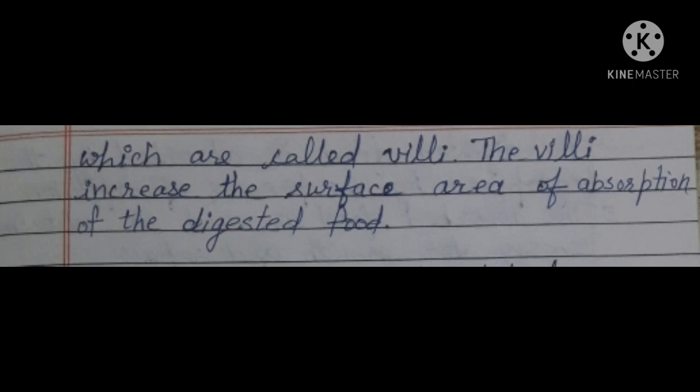The villi increase the surface area of absorption of the digested food. Because of the villi, the surface area from where the absorption of the food takes place increases, and these are also provided with blood vessels. So food is absorbed into the blood.